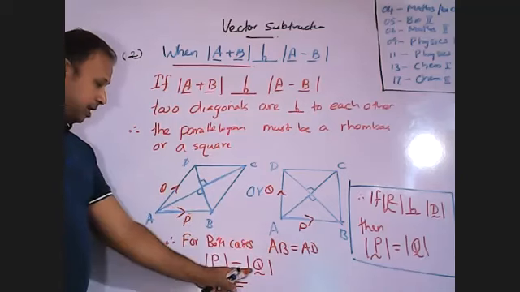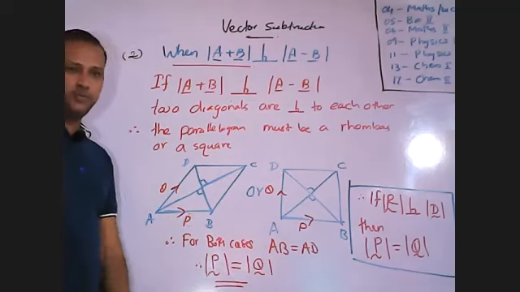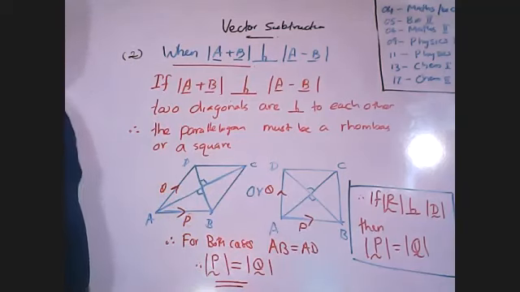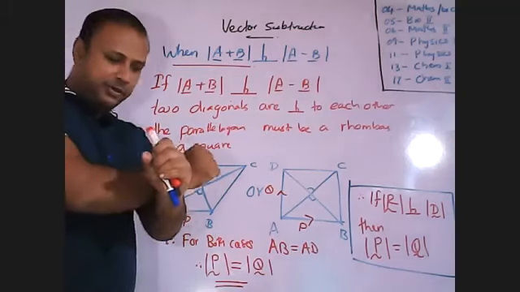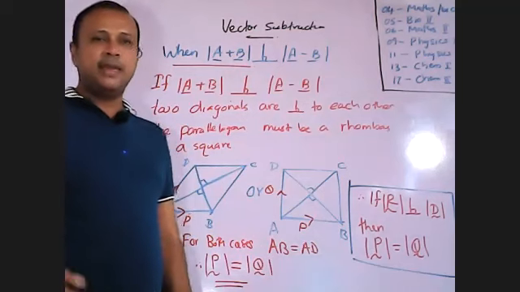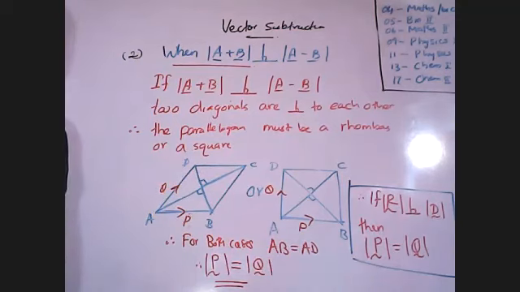That means modulus of P should be equal to modulus of Q. The final result is if R and D are perpendicular to each other, that means both vectors should be equal to each other. Okay.